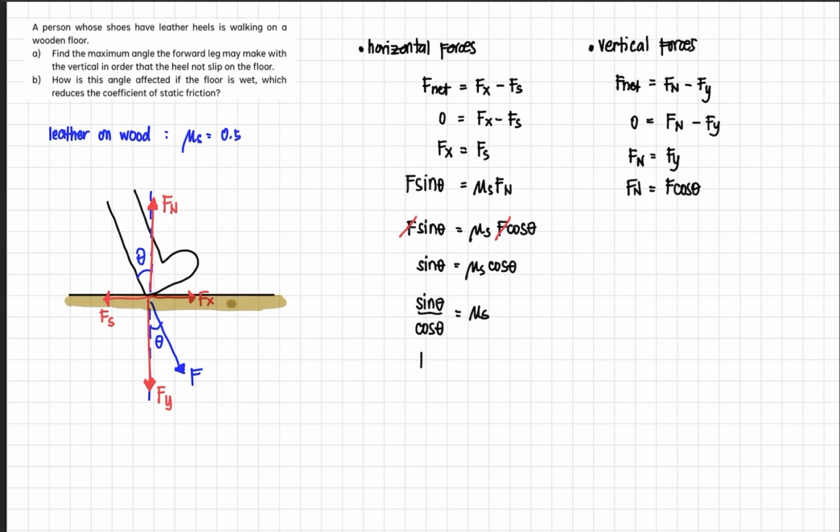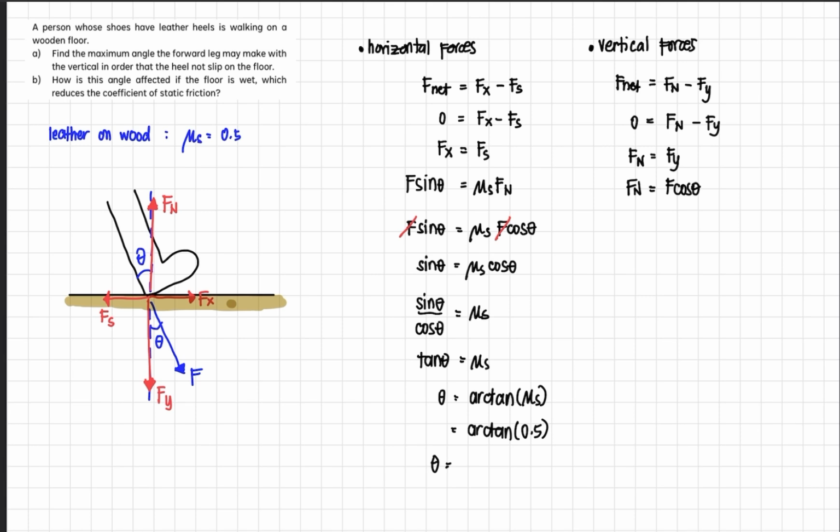But sine over cosine is tangent, so tangent theta equals mu s. So the angle here must be arctangent of mu s. The coefficient of static friction of leather on wood is 0.5, so that is the arctangent of 0.5.